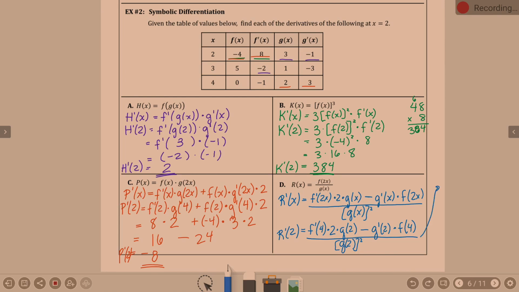Hopefully you still have room in yours. I'm just going to work over here. Okay. Are you guys done? F prime of 4 times 2 times g of 2 minus g prime of 2 times f of 4. Oh, that's nice. All over g of 2 squared.